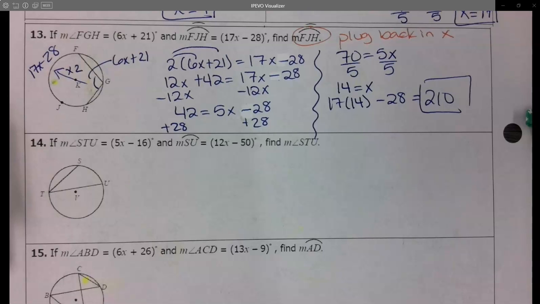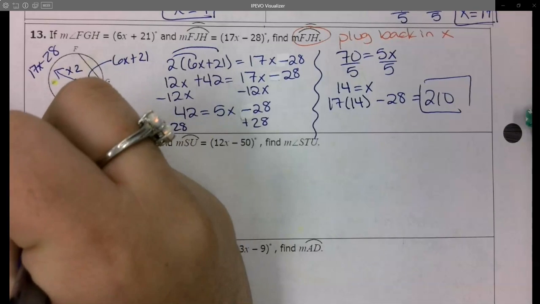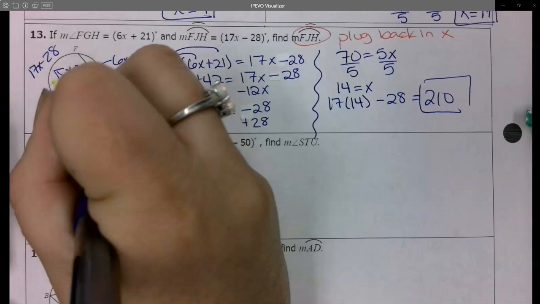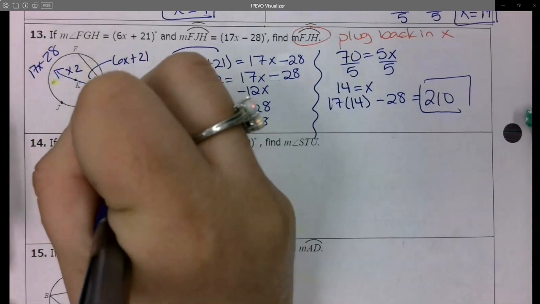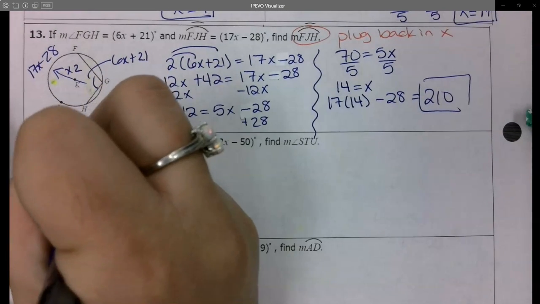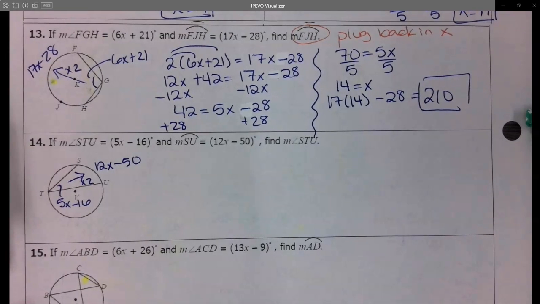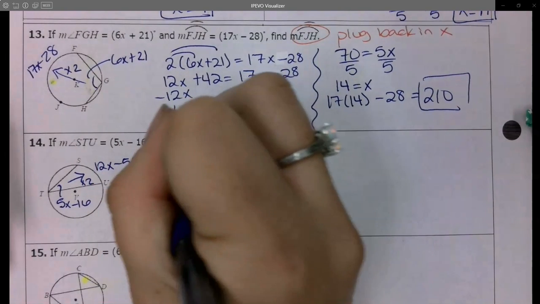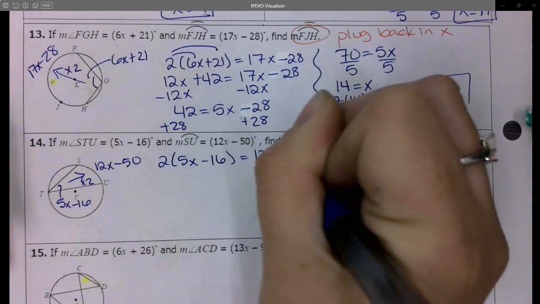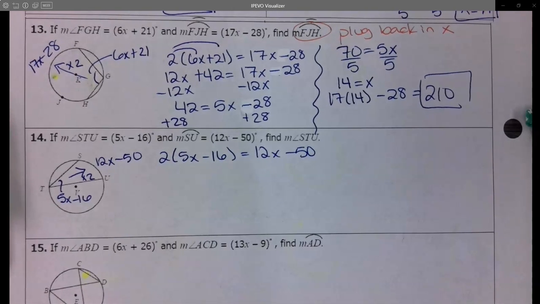So same thing on number 14. It tells me that the angle is 5x minus 16, and that the arc is 12x minus 50. So remember, to go from the angle to the arc, I multiply by 2. So I'm going to take that and multiply by 2 and set it equal to the arc length.